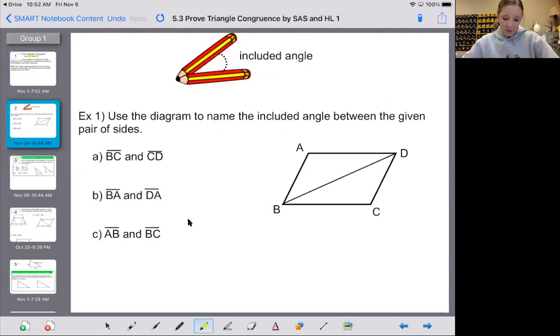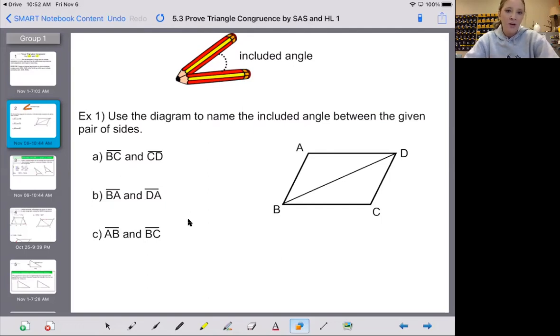All right, so the first thing we need to talk about is a vocab term called an included angle. Because when we're talking about side angle side, the angle part of it is really important to be in a specific spot. And specifically, it has to be the included angle. So an included angle is the angle between two specific sides.